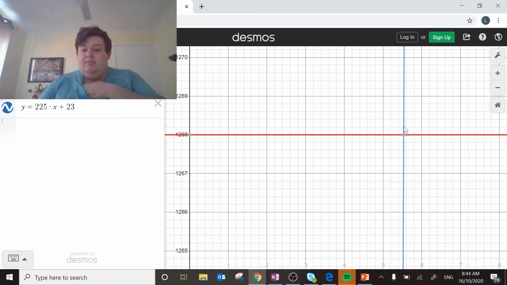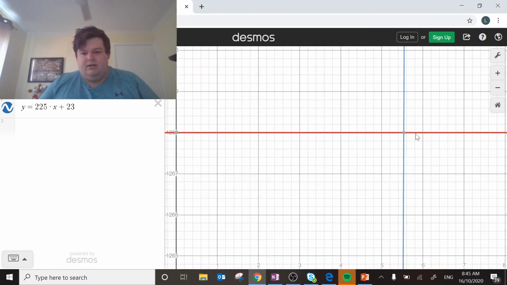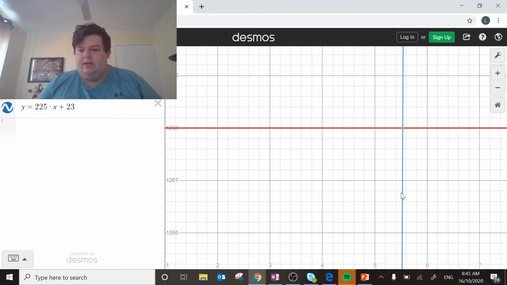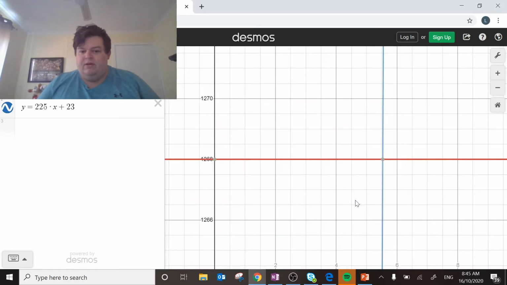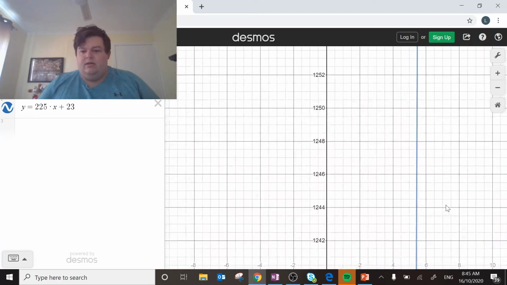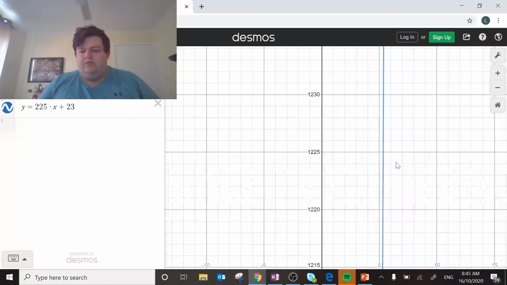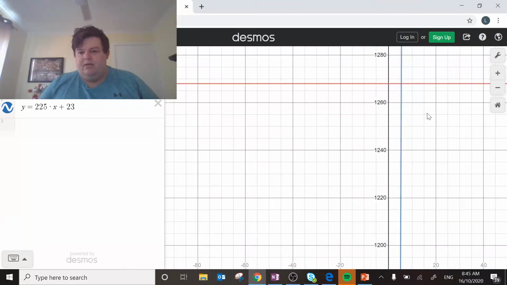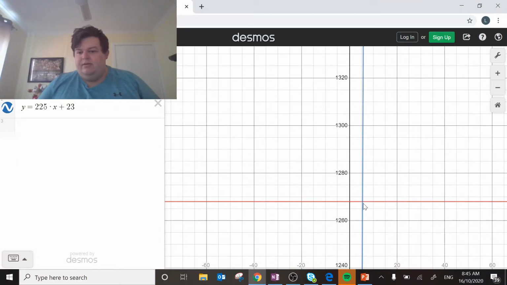At this exact moment, before this point, the previous one was cheaper. So before this one, the flights and the rental car are cheaper, and after this point, this is now the cheaper option.